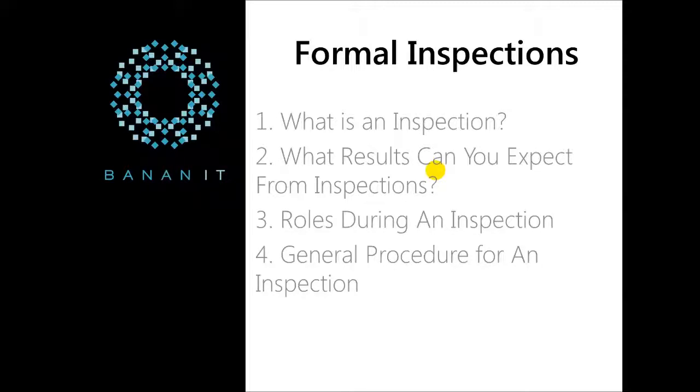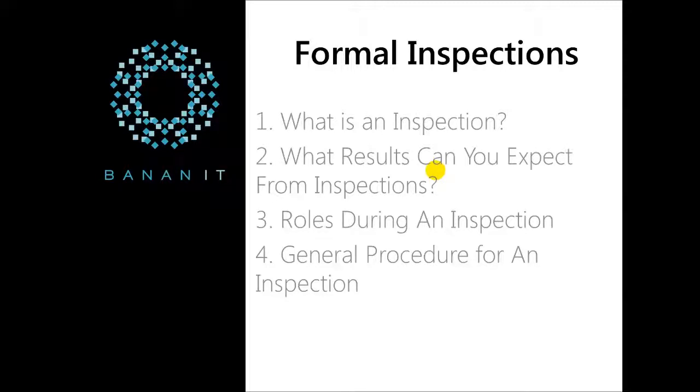If you have a rich knowledge base, you can have a broader set of items to look for in the code. That means the code will be more bug free or defect free. So these are some of the items that differentiate inspections from other types of reviews.